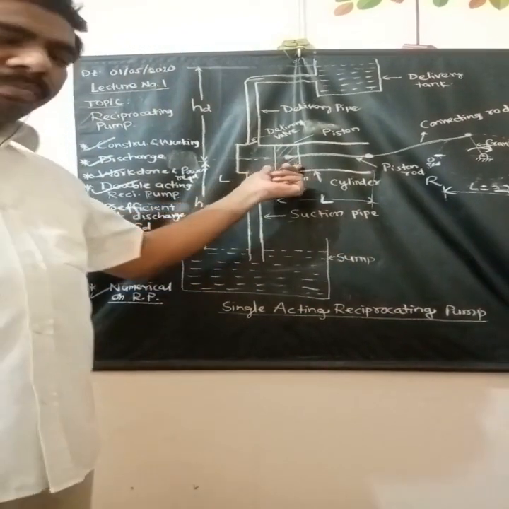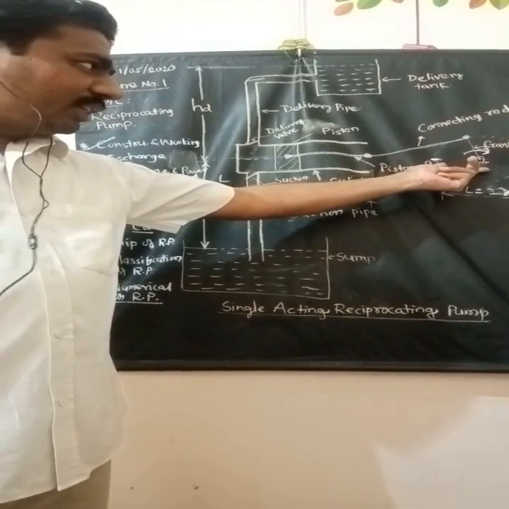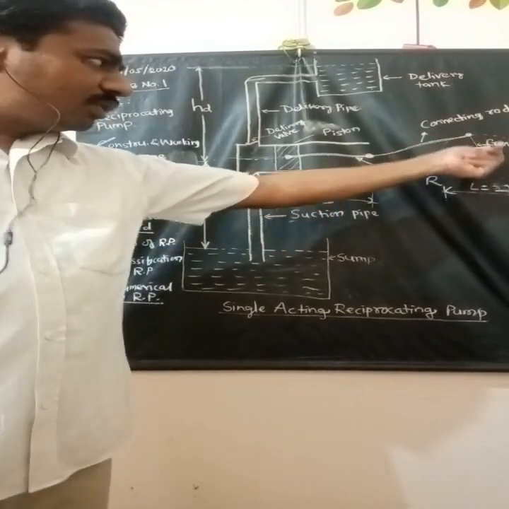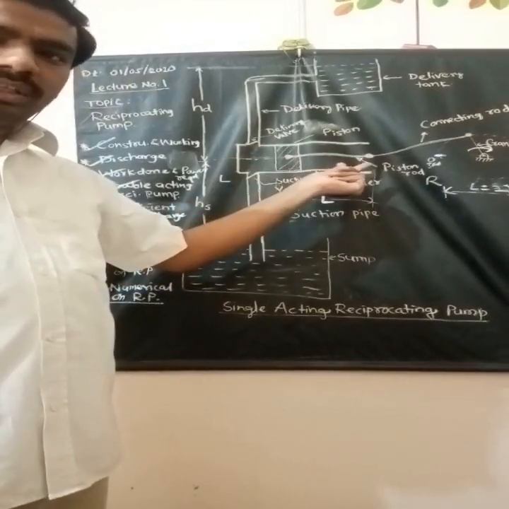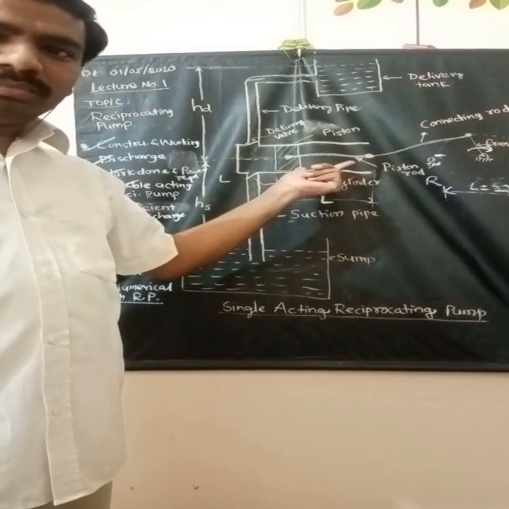Here this piston is there, and with the help of the crank, while the crank rotates 360 degrees, the piston moves in a to-and-fro motion, because the rotary motion is converted into reciprocating motion.